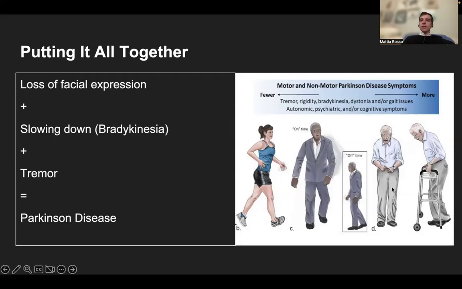And you can certainly appreciate here that this patient, who seems to have trouble walking independently and is using a walker, is very different than the patient on the left.